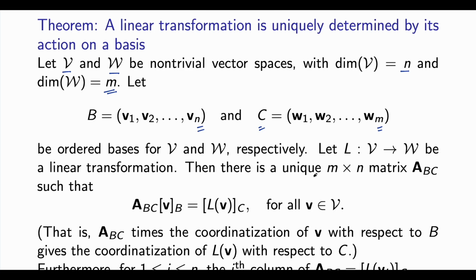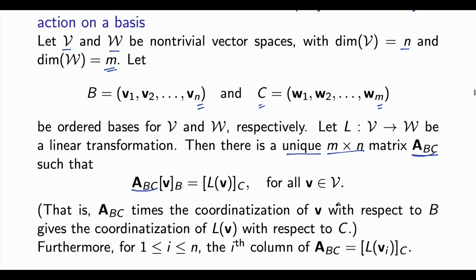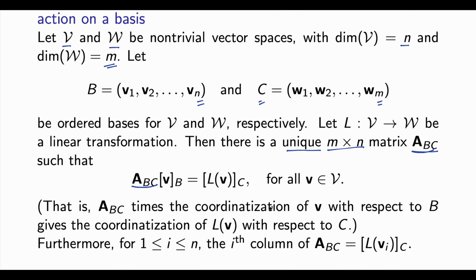Then there is a unique m by n matrix, let's say A_BC, such that A_BC times the coordinatization of v with respect to B is equal to the coordinatization of L of v with respect to C, for all v in V, right?